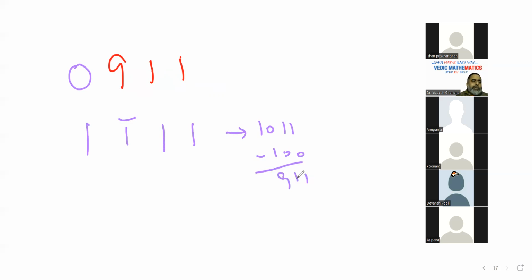Clear, or any doubt, any question you have? Yes, Kalpana, Sudhanshu, Poonam. If no questions, please solve 6, 7, 8.